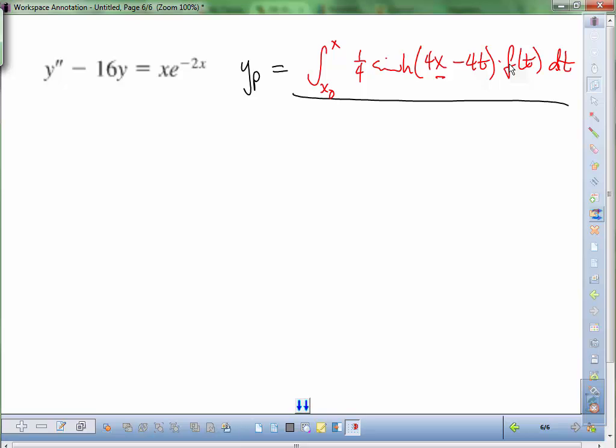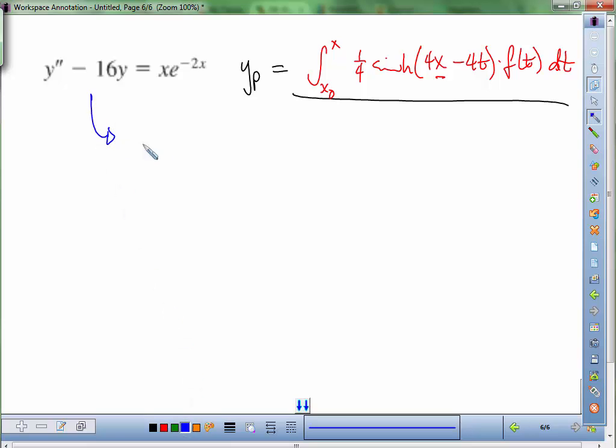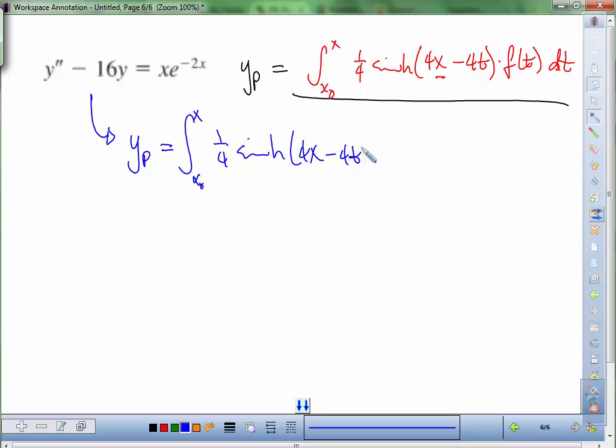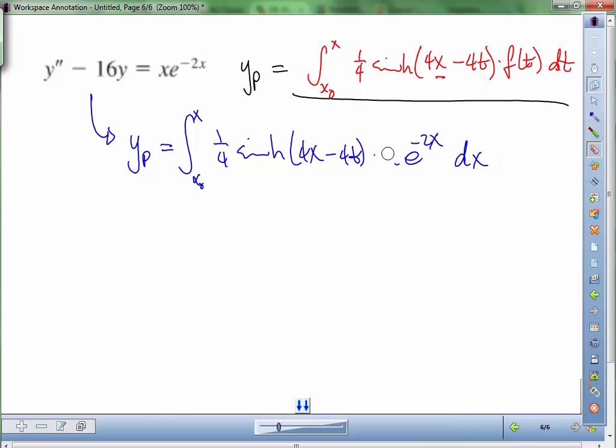Now all we have to do is find this integral. So to find a particular function for this, yp should equal the integral from x naught to x of 1/4 sinh of 4x minus 4t times t e to the minus 2t dt. Oops, t, yeah, thank you. Fell asleep there.